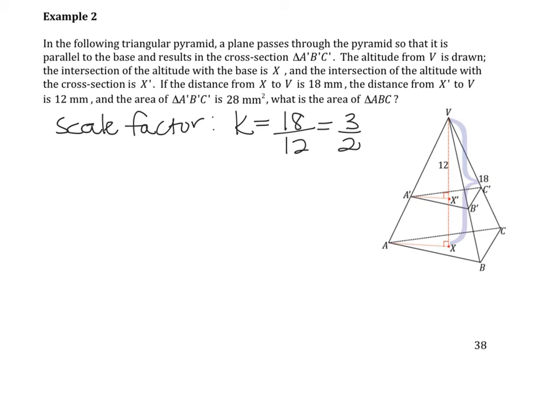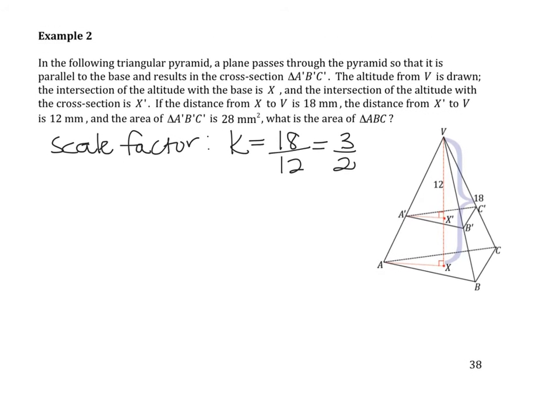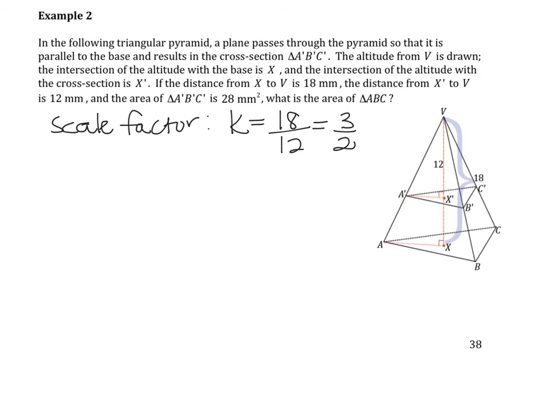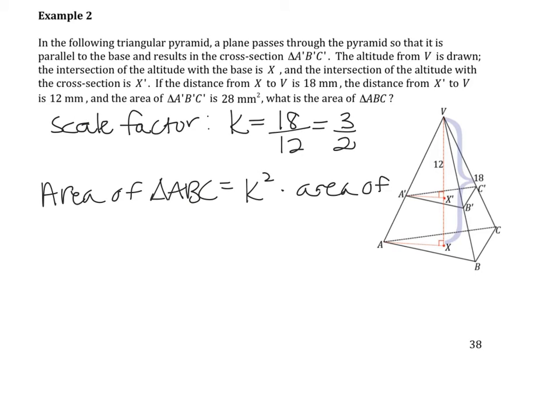Then in order to find the area of triangle ABC, that's equal to the scale factor squared times the area of the given triangle A prime, B prime, C prime.